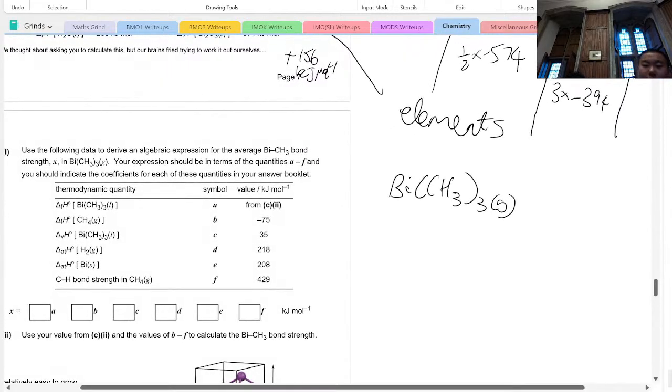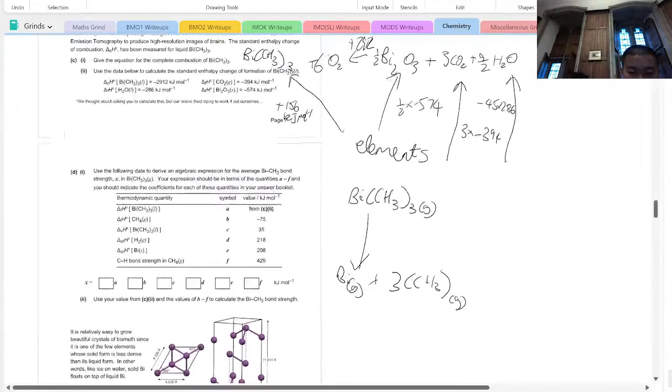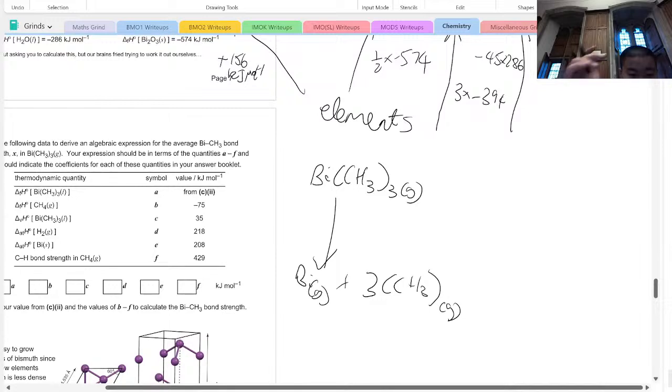Yeah, we just write elements solid, elements gas. So my idea is to go from this to 3CH3 gas. You don't need to put the bracket. But yeah, that's the average bond enthalpy, isn't it? Times 3. Yes, indeed.